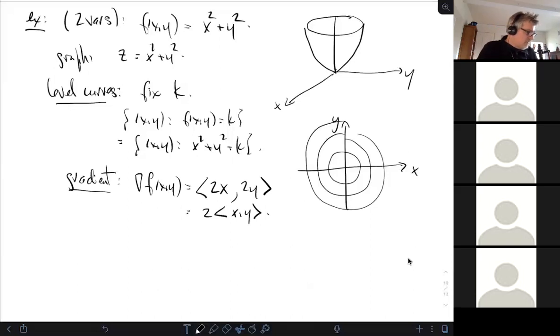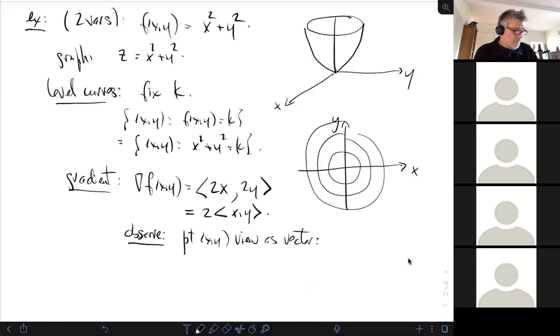Notice this, okay? So observe. If I take the point x y and I view it as a vector, right?